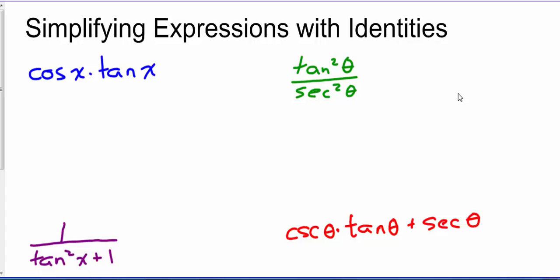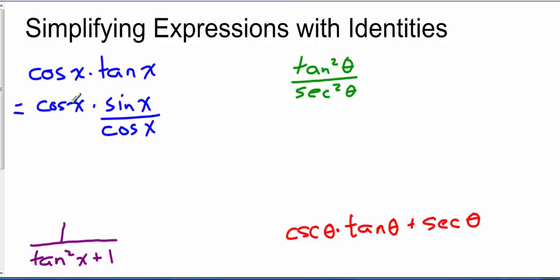So given the information we saw on the first page, I know that tan is equivalent to sine over cos. And so if I'm given this simple expression, I can simplify it further, potentially at least, by substituting in sine over cos for the value of tan, divided by cos.